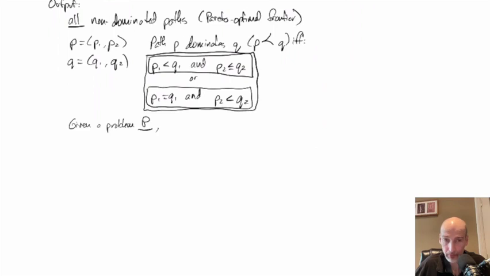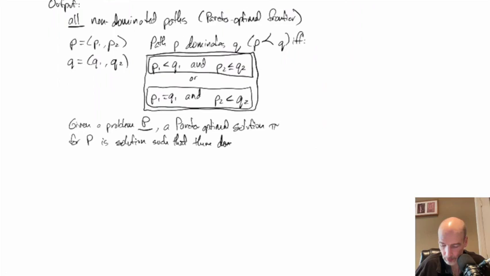So given instance P, a Pareto optimal solution, which we'll call pi here, will be one answer for P. It is a solution such that there does not exist a pi prime such that pi prime dominates pi.